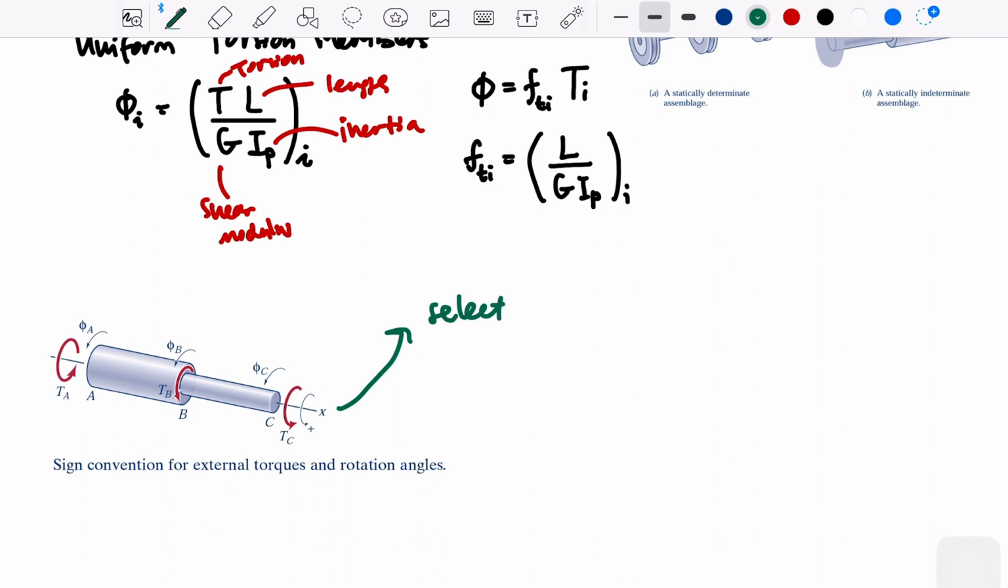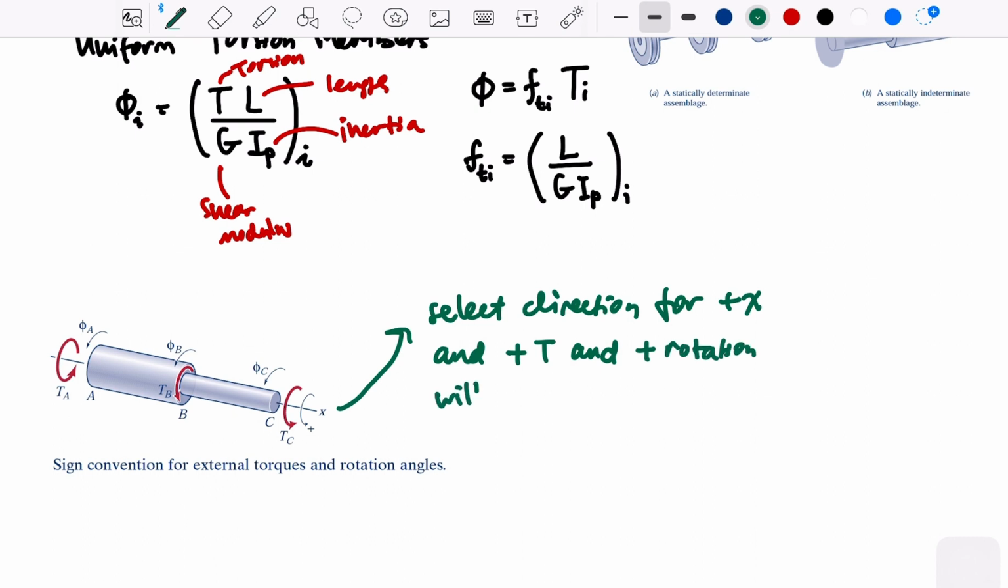Select the direction for positive x, and the positive torque and positive rotation will follow the right hand rule.